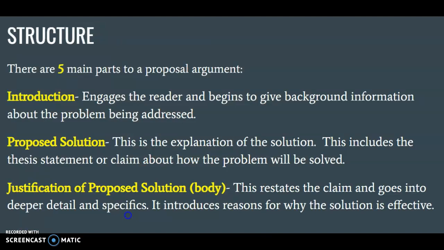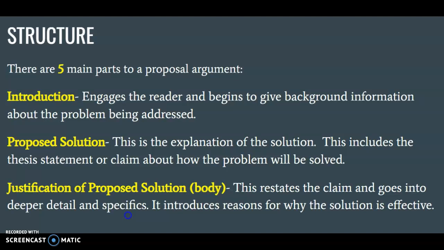Another approach that you can use is the stock issue strategy, which is on page 268 in your textbooks, where you take an approach by asking 5 specific questions. Is there really a problem that needs to be solved? Will the proposed solution really solve the problem?